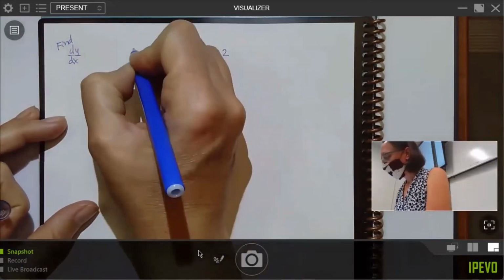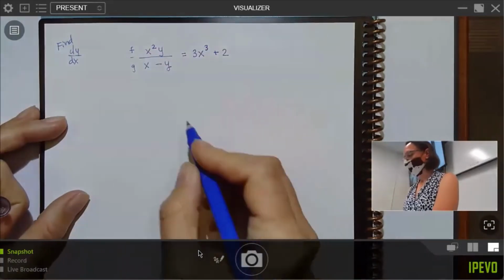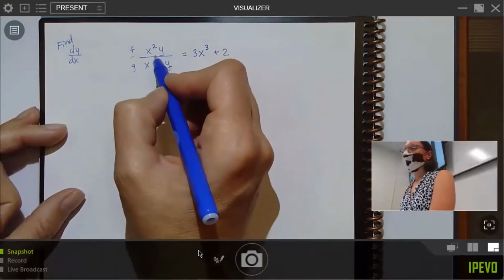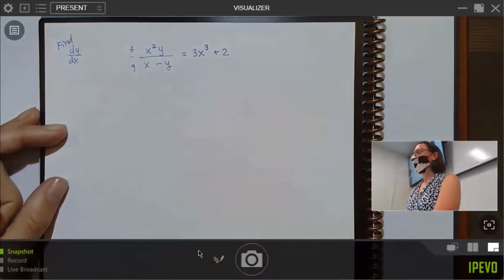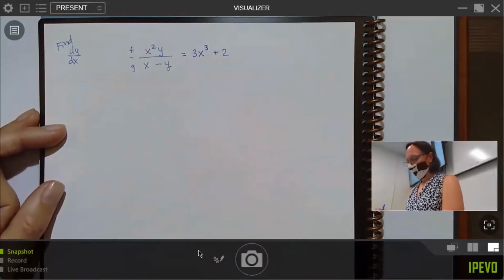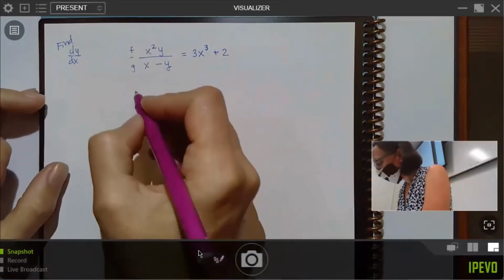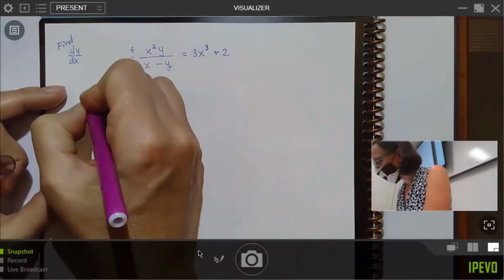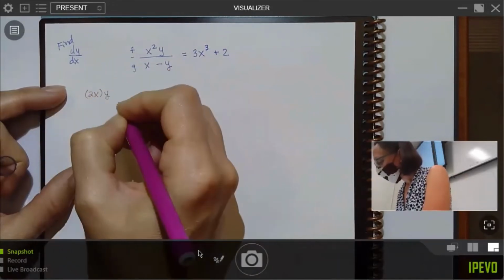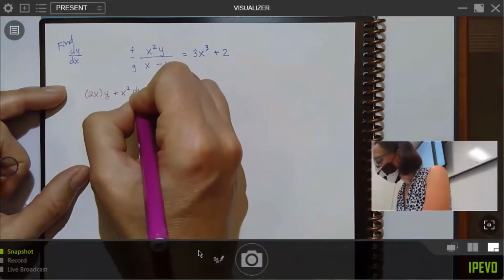So I'm thinking about everything on top as an F and everything on the bottom as a G over here on the left-hand side. But when I take the derivative of the top, there's a product rule just for fun. So the derivative of that top there is going to look like 2x times y plus x squared times dy/dx.